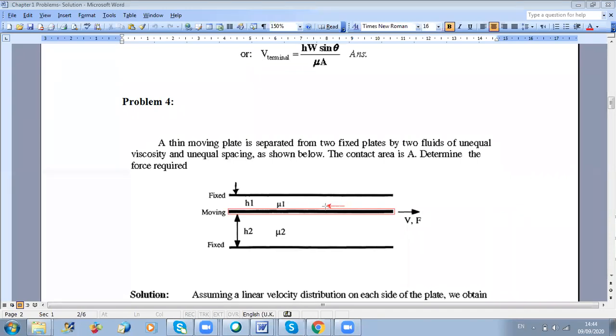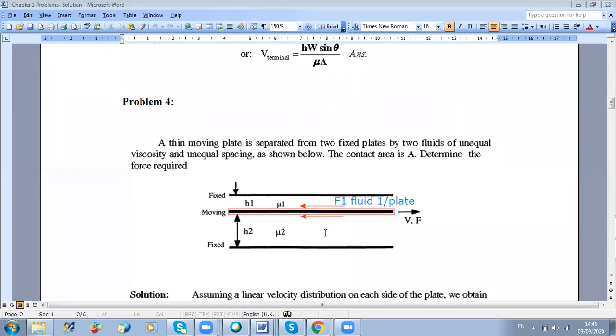The first fluid is applying a shear force on the plate, and the second fluid also is applying a shear force on the plate. Both will try to oppose motion. So the force F I should provide should be able to oppose F1 and F2. So this is F1, and it is the force of fluid 1 on the plate.